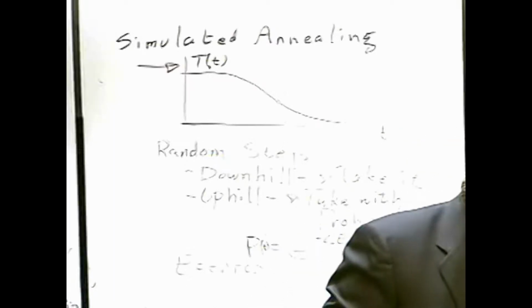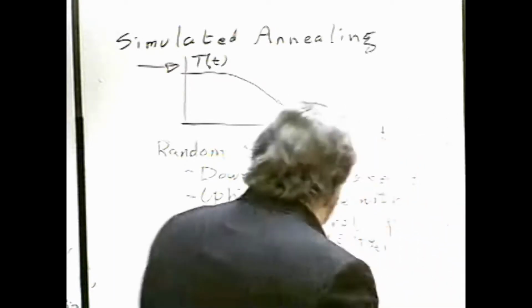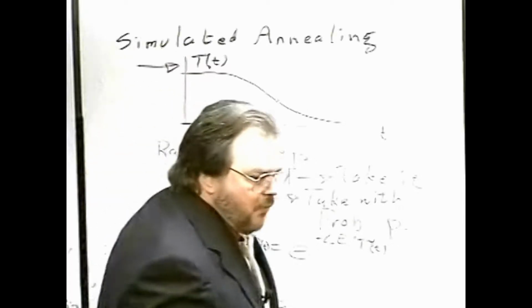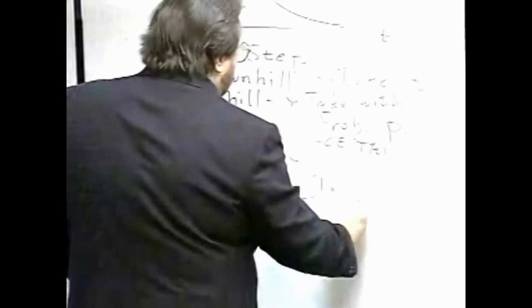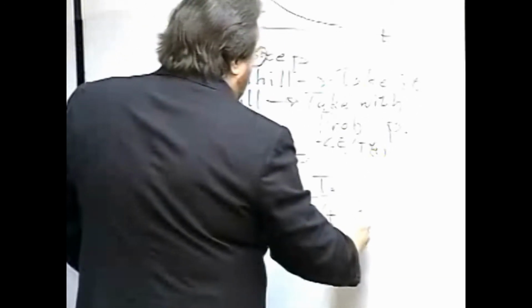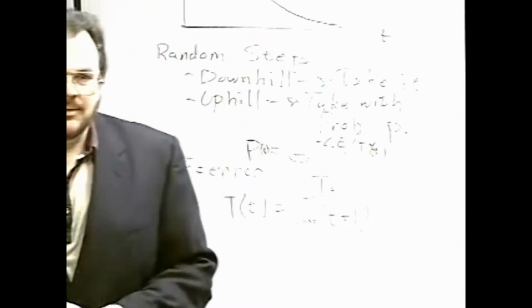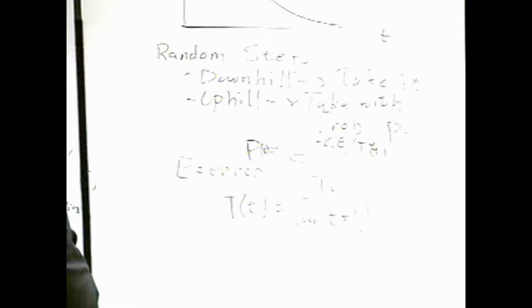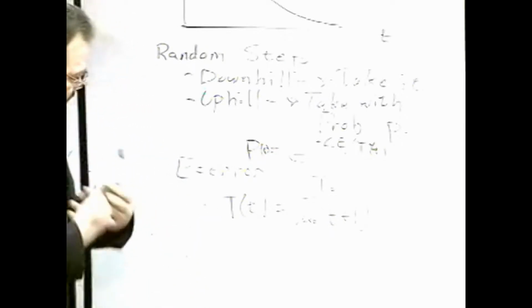Now what Geman and Geman showed was that T of t, which is this annealing schedule, if it was of the form T naught over log of t plus 1, where t is your iteration step, in discrete time, then you would actually converge with probability 1 to the lowest level. The problem is that this is a very, very slowly reducing curve. In other words, it goes to 0 very, very slowly, and so it's going to take you a lot of time to cook.